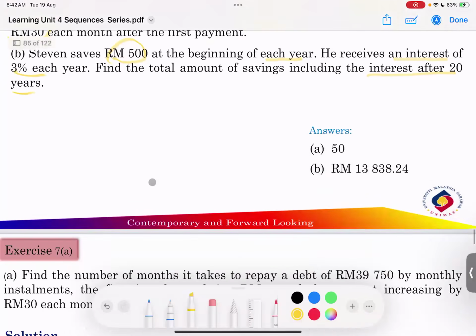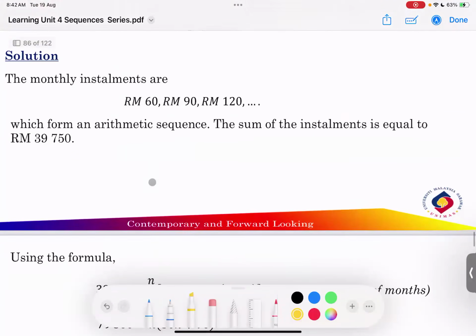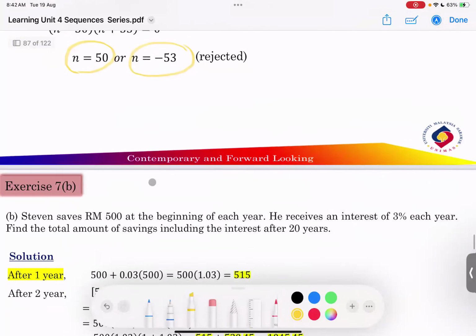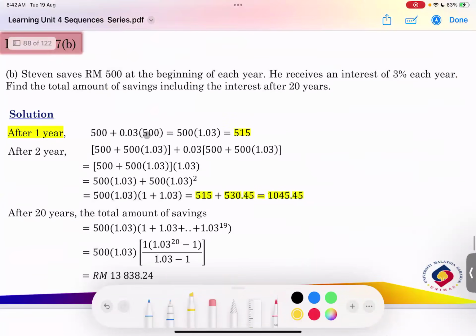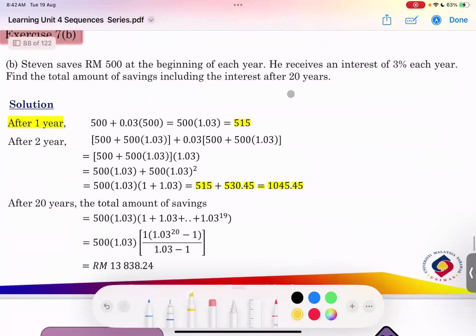As for question B, we come back to here: find the total amount of saving including the interest after 20 years. So you can see first here is 500 plus 0.03 times 500. So what is this?